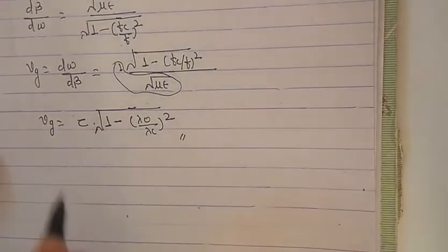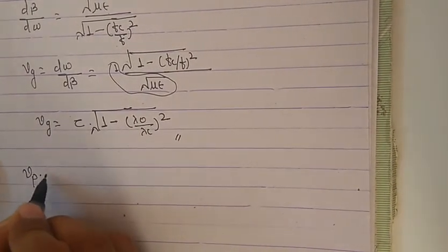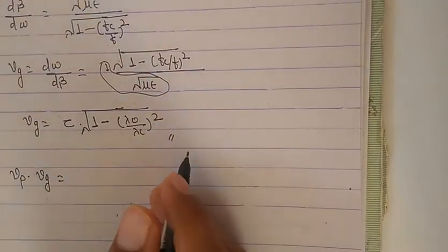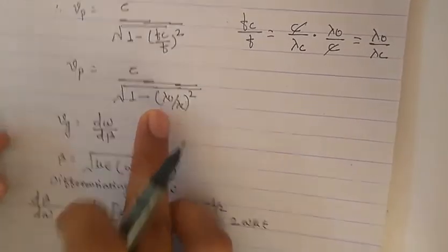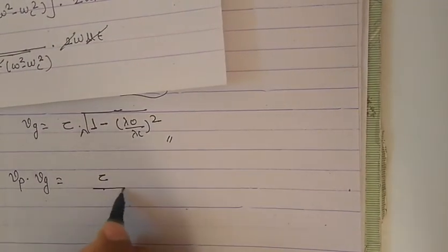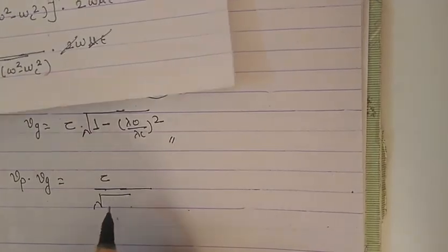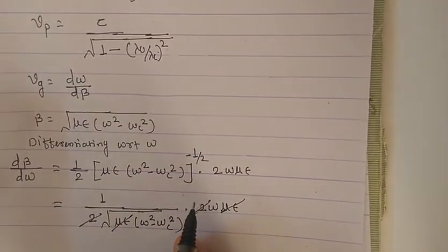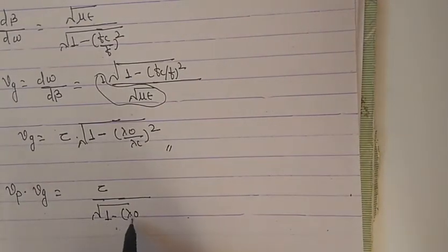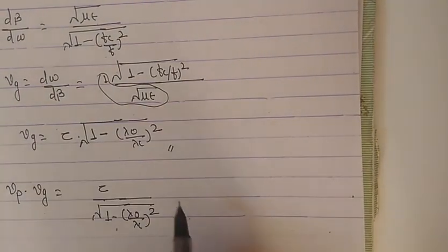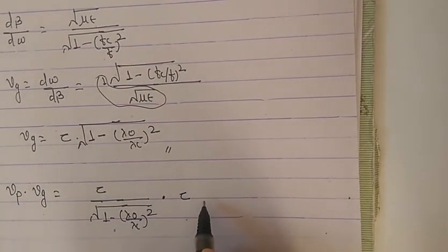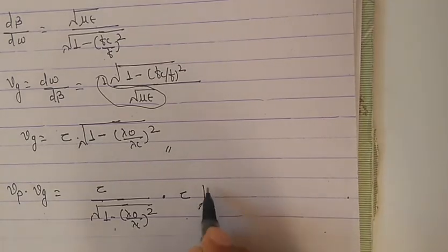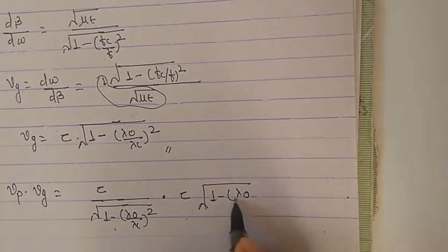Now if you take the product of phase and group velocity, the relation between Vp and Vg: Vp is c over under root of 1 minus lambda 0 by lambda c bracket square, into Vg, which is c into under root of 1 minus lambda 0 by lambda c square.